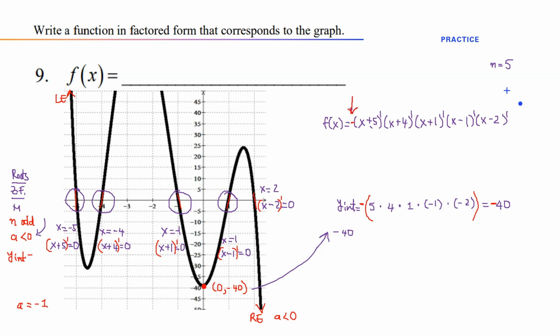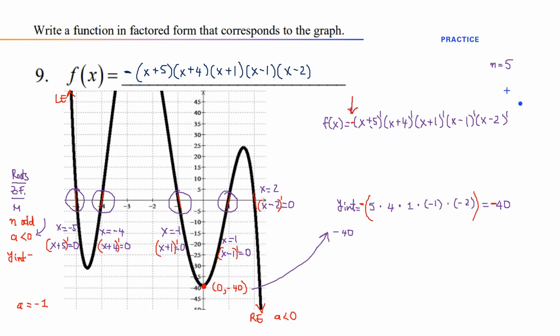Now we can write down the final answer: negative x plus 5, x plus 4, x plus 1, x minus 1, x minus 2.